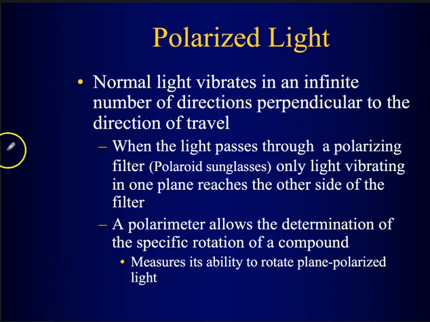So if light is traveling from left to right, the light is vibrating up and down. So it's perpendicular. It's going left to right, but it's vibrating up and down. When the light passes through a polarized filter, such as our polarized sunglasses, only light vibrating in one plane reaches the other side of the filter.